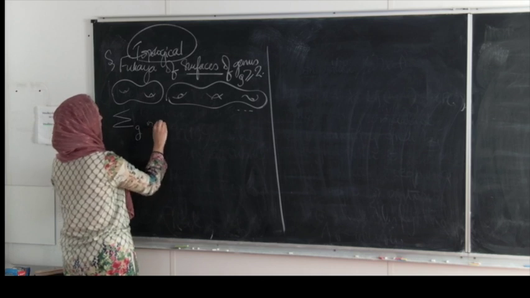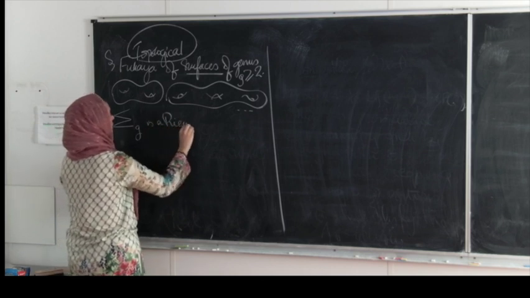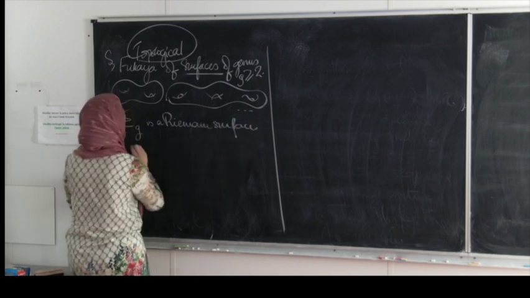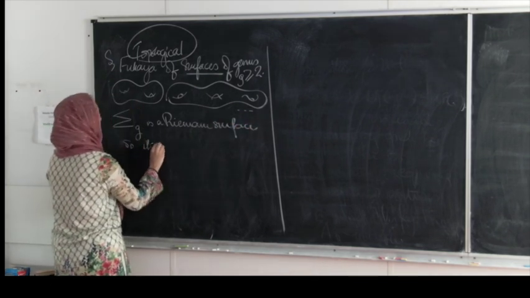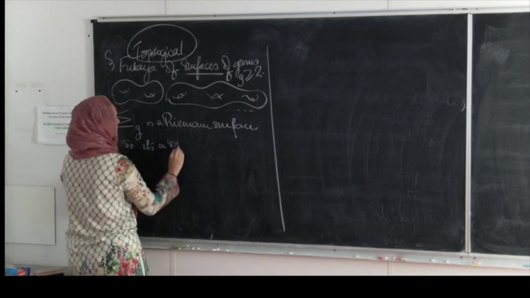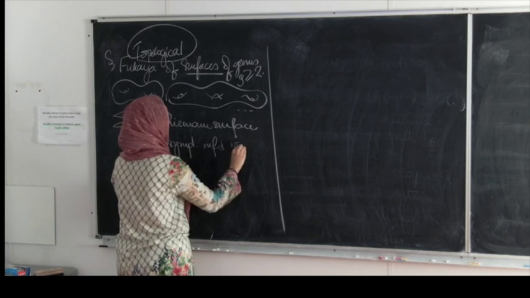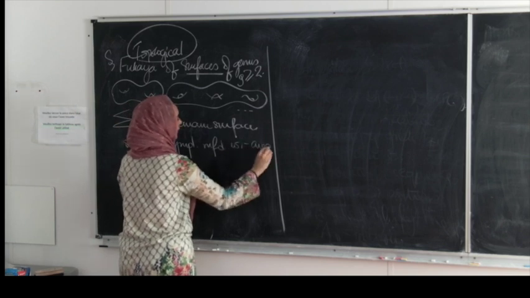So we know about Riemann surfaces. It's a symplectic manifold with symplectic form given by the area form.